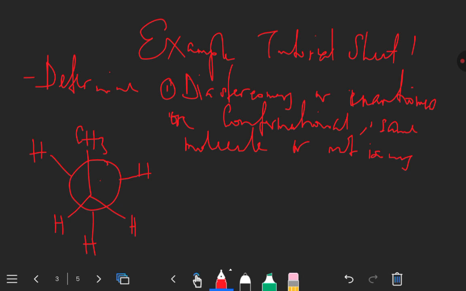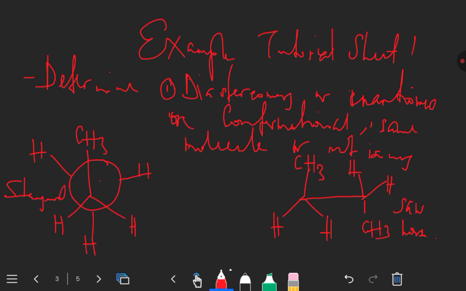Then this is also a staggered configuration, which is a Newman projection.